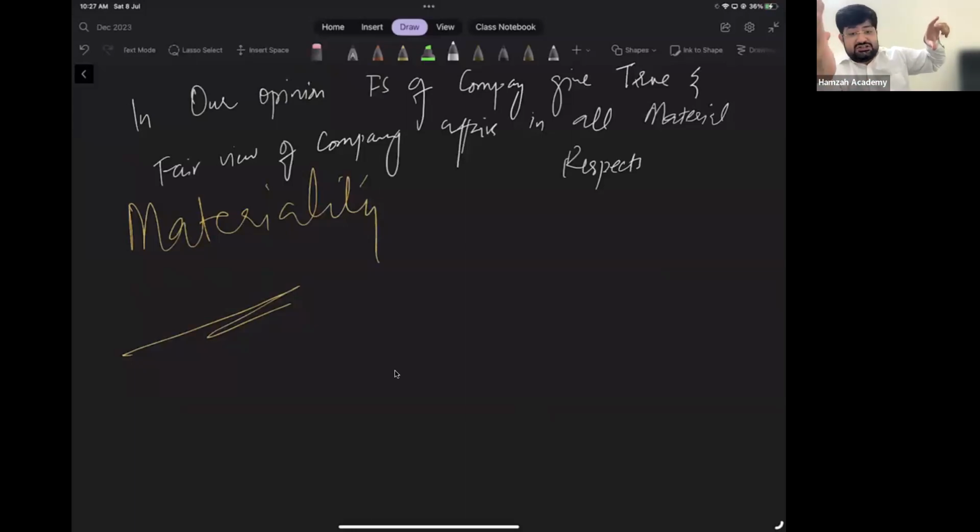Financial statements give a true and fair view of the company's affairs. What the company actually is, financial statements are showing the same in important aspects, material aspects. This is the meaning of this sentence.